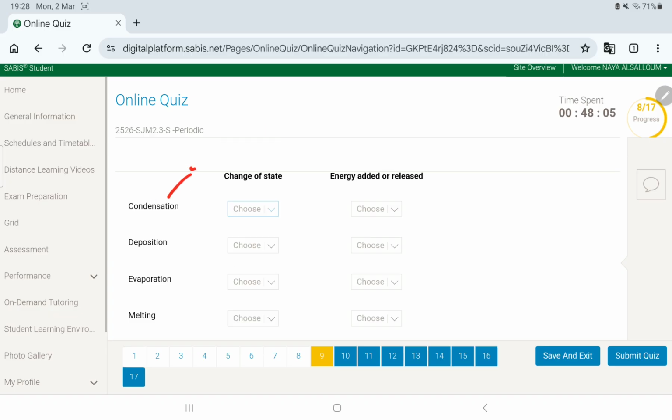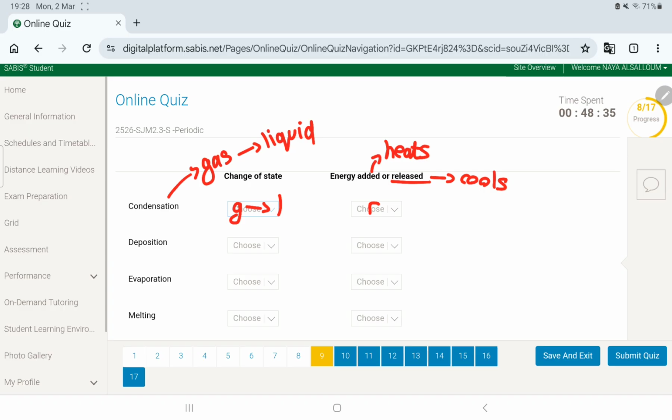So condensation, gas to liquid. And if you remember, in the previous question when we wrote them in blue, it means it's cooling down. So I'm just going to write R for released. Why? Because when thermal energy is released, it cools. And when thermal energy is added or absorbed, it heats. Okay? So here, gas to liquid, and the thermal energy is being released.